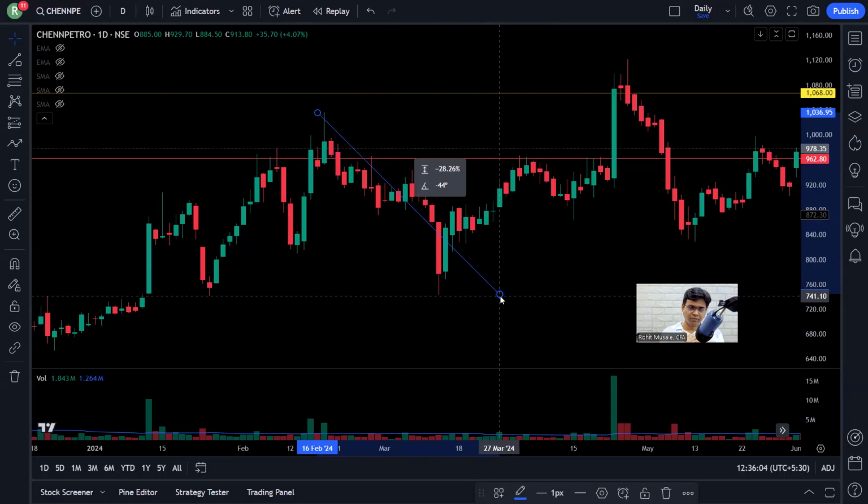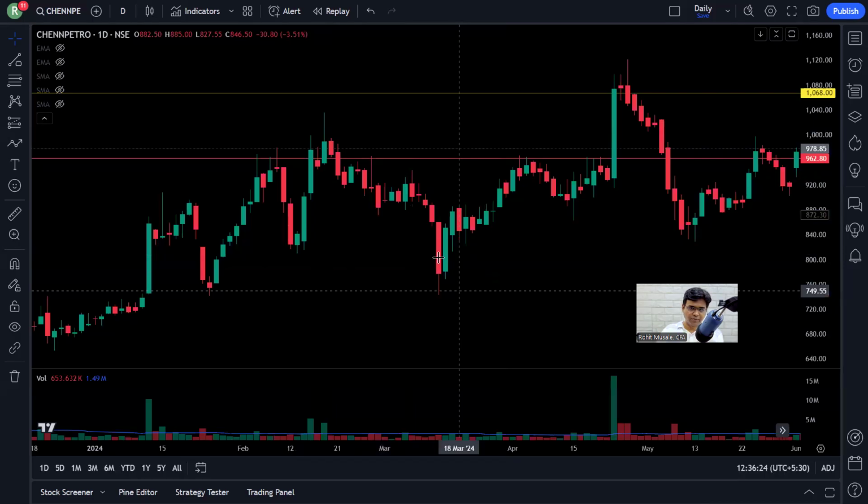If the height of the base is 10 to 20%, it's a B grade base. If the height of the base is between 20 to 30%, it's a C grade base, which you see here. And if the height is 30 to 40%, it's a D grade base. And if the height is more than 40%, I'm not interested in buying the stock. So you see here, it's a C grade base.